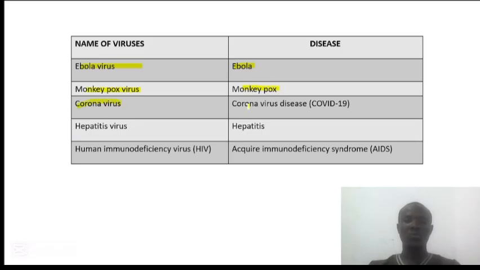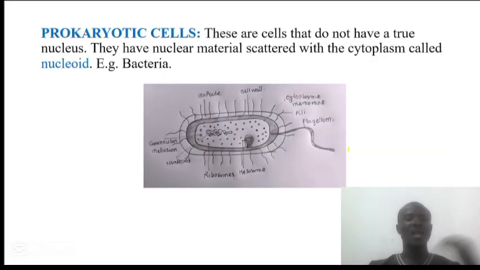Coronavirus causes coronavirus disease. We have hepatitis virus, which causes hepatitis. We have human immunodeficiency virus, which causes acquired immunodeficiency syndrome. Now let's talk about prokaryotic cells.